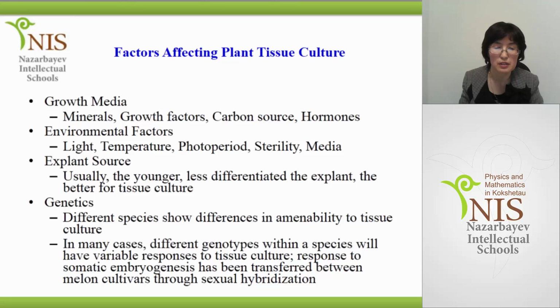And genetics: different species show differences in amenability to tissue culture. In many cases, different genotypes within a species will have variable responses to tissue culture. Response to somatic embryogenesis has been transferred between male cultivars through sexual hybridization.